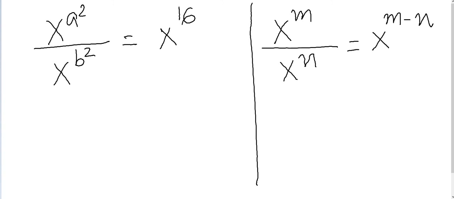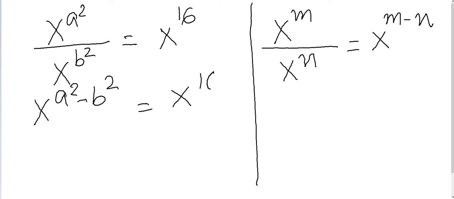Alright, so let's just use that formula here. So x to the power a square divided by x to the power b square is equal to x to the power a square minus b square, and that equals what's given, x to the power 16.